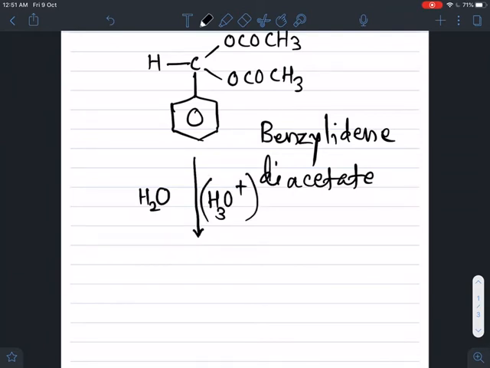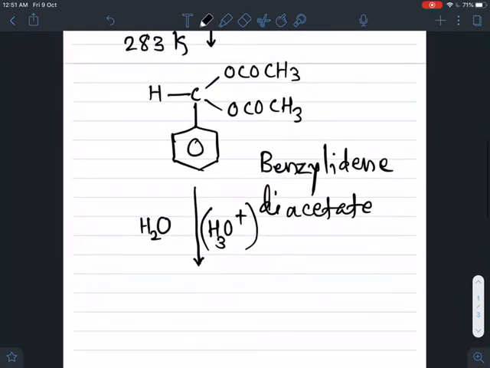The bond between carbon and oxygen breaks, and the second carbon-oxygen bond also breaks, and the final product is benzaldehyde.